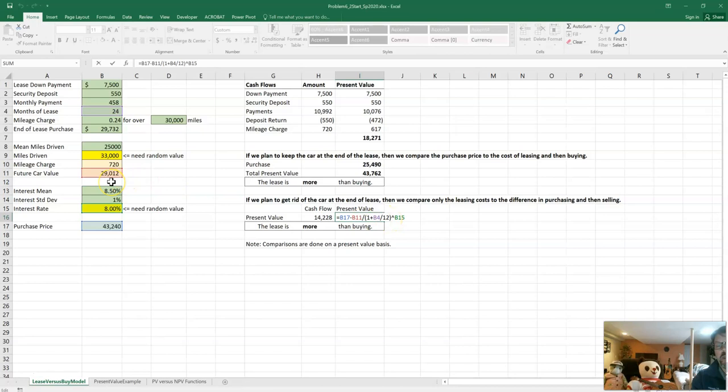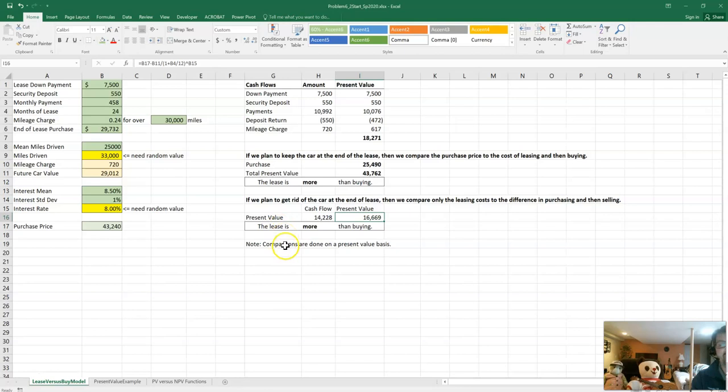So even though we'll say it's $29,012 nominal dollars, it actually isn't that in terms of value because I have to wait 2 years to get it. So now if I'm going to get rid of the car, I compare the leasing cash flows and then give the car back to the dealer with the present value of buying it and then selling it for that value in 2 years. In both these cases, leasing costs more than buying.